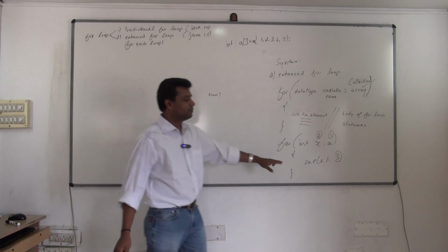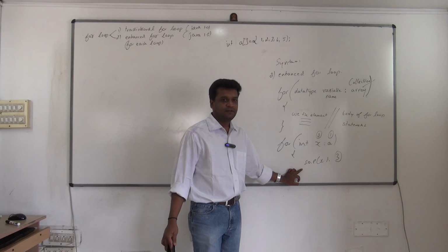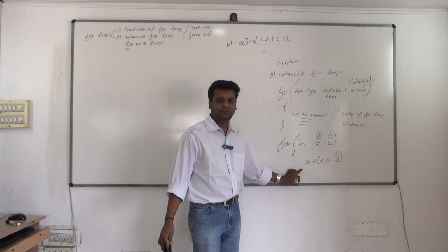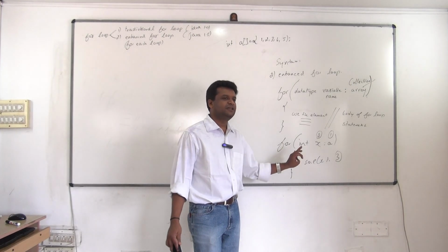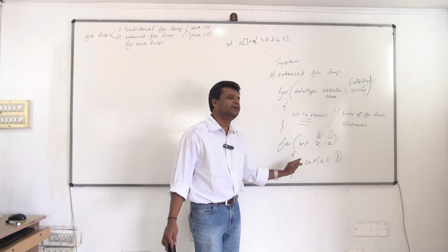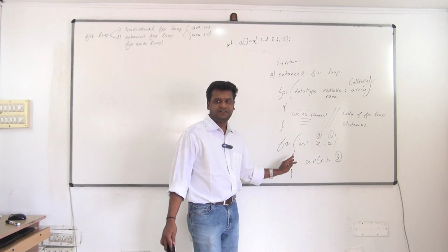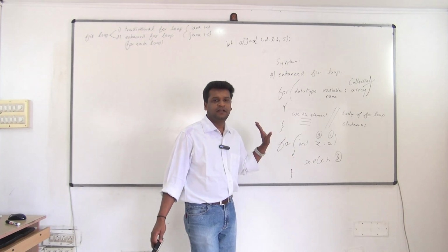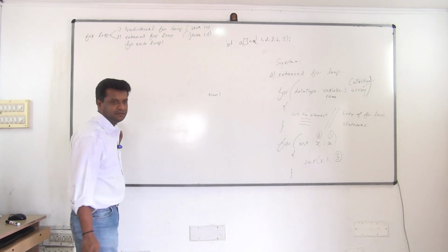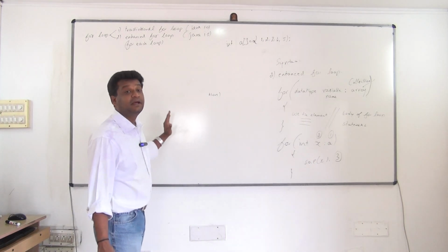So here no increment operator, no decrement operator. Notice, no test condition. What all is eliminated? No initialization, no test condition, no increment and decrement. Nothing is there. Here, directly you will get the element. There you have initialization, test condition, and then iteration.